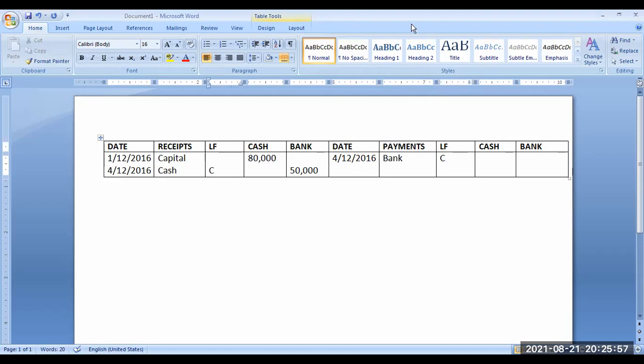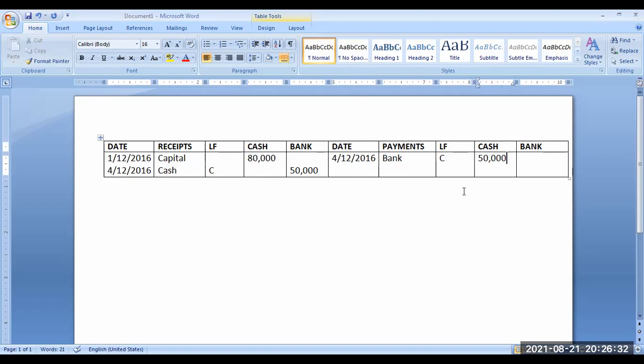Remember, if you mention bank here, you should not write the amount in the bank column; it will appear in cash only. Here you mentioned cash, so you should write the amount in the bank column only. If one side is cash, the other side will be bank. In that way you can cross check. So in the bank column you mentioned, in the cash column the amount will come: 50,000. Did you understand?